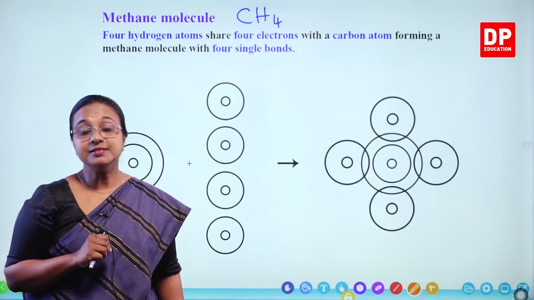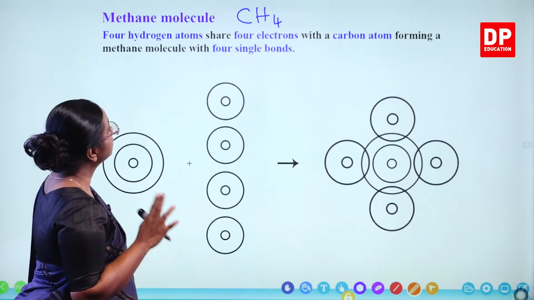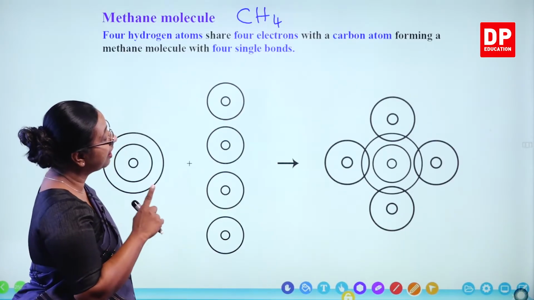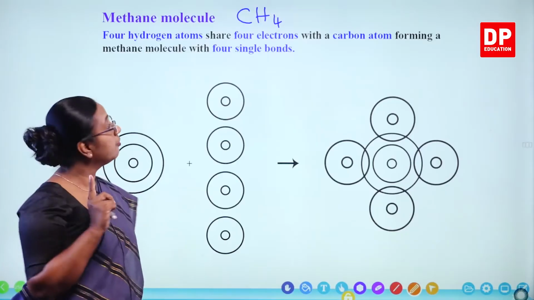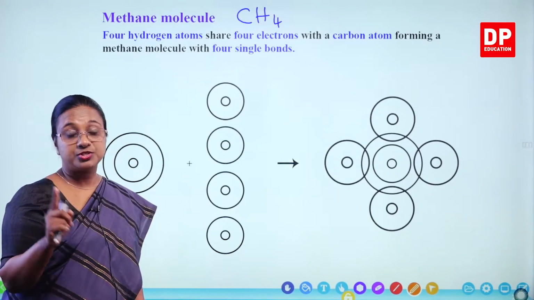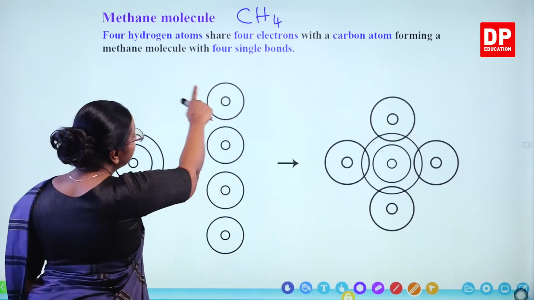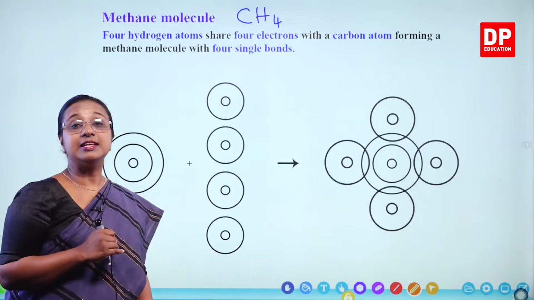Carbon, hydrogen, single bond. 4 hydrogen atoms share 4 electrons with a carbon atom, forming a methane molecule with 4 single bonds. So you have to remember that. 4 single bonds.